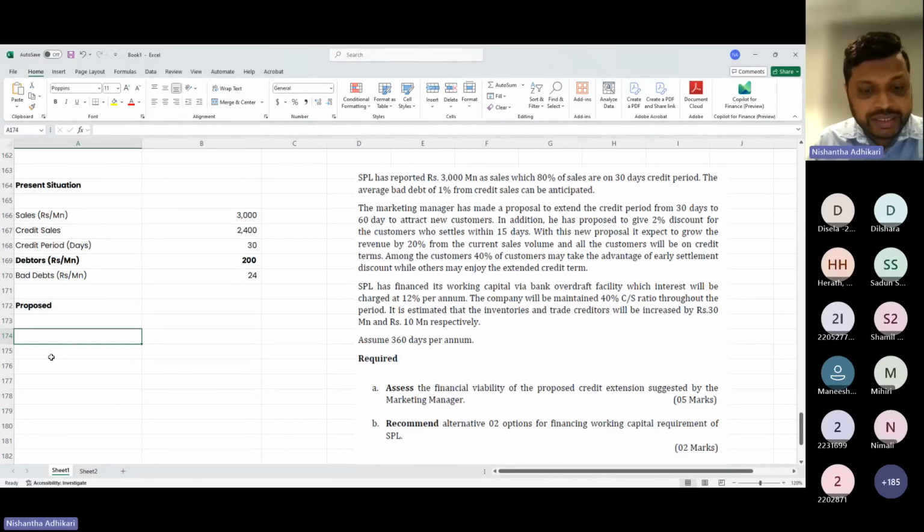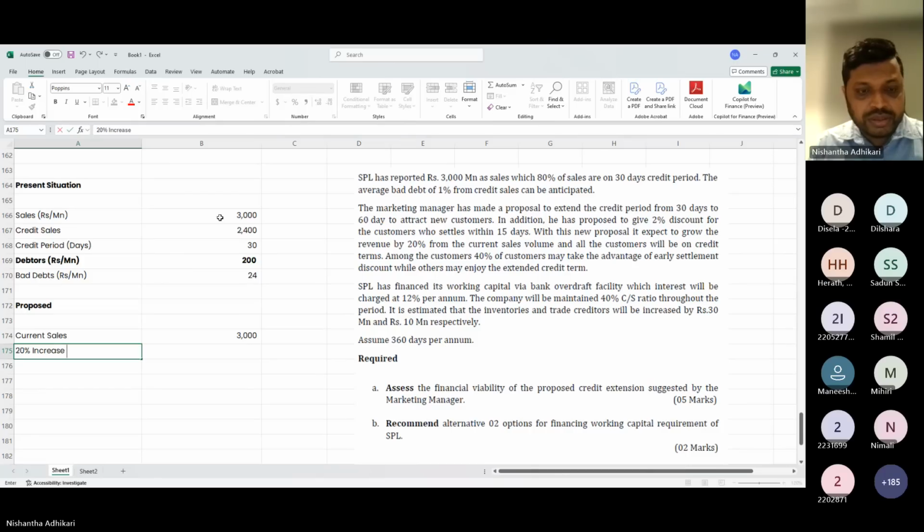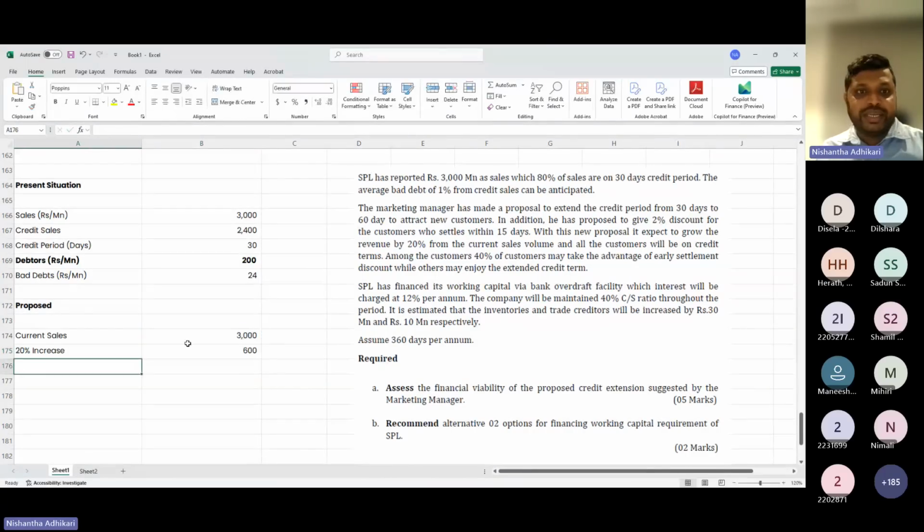Therefore, current sales, you have 3,000 million. 20% increase. 3,000 into 20%, 600 million.